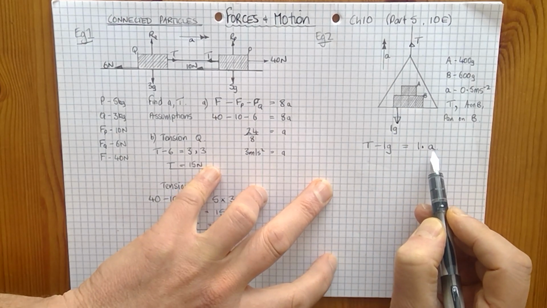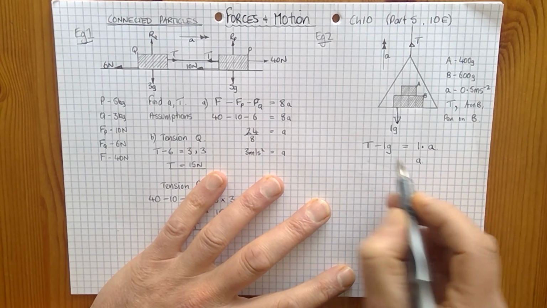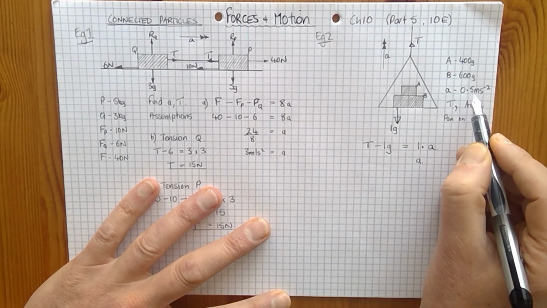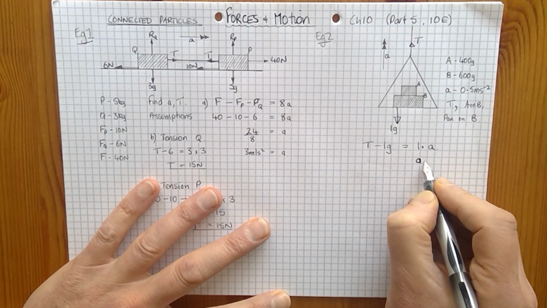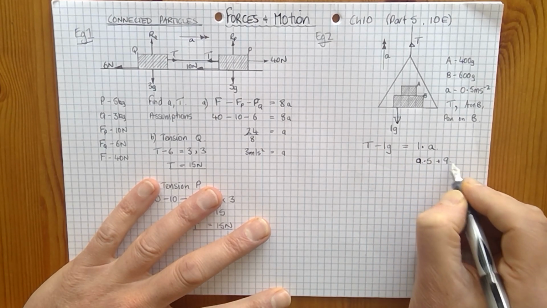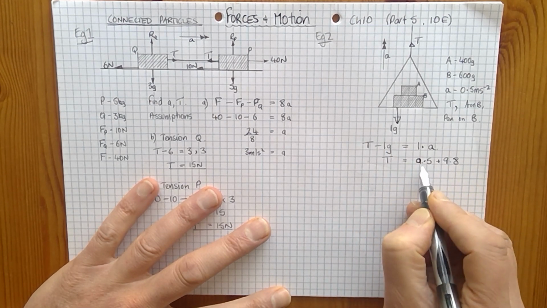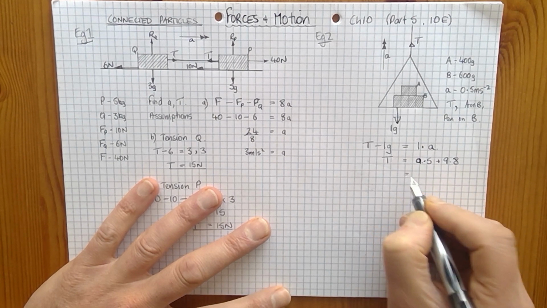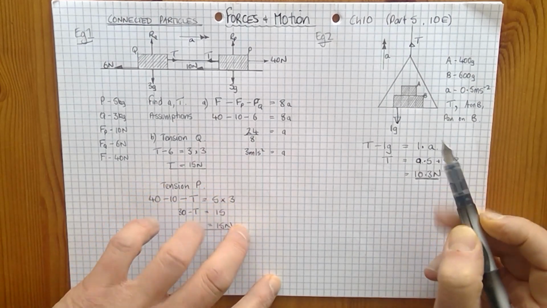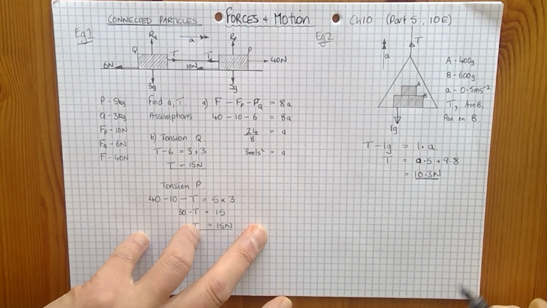So the tension, take away 1 G, equals 1 times A. A, I'm told, is 0.5. Add the 9.8, because 1 G is 9.8, move that over. So the tension is 0.5 plus the 9.8, which is 10.3 newtons. The tension in the rope above the scale pan is 10.3.